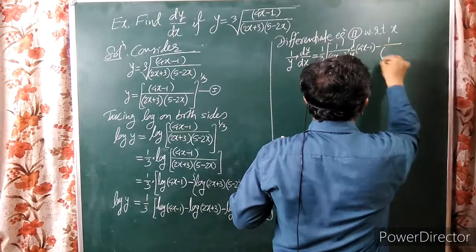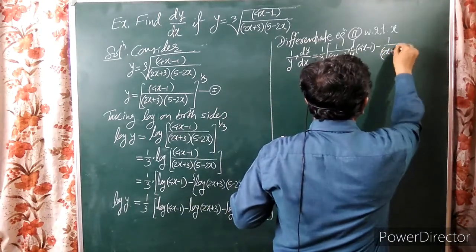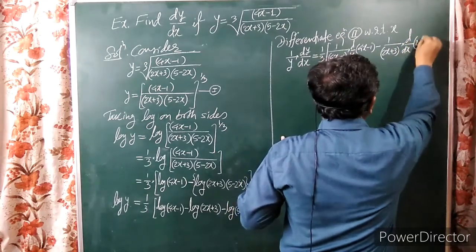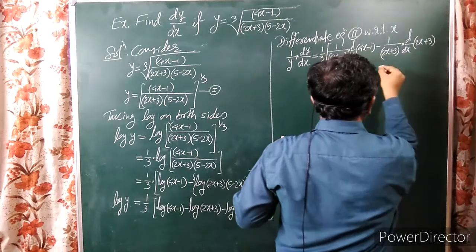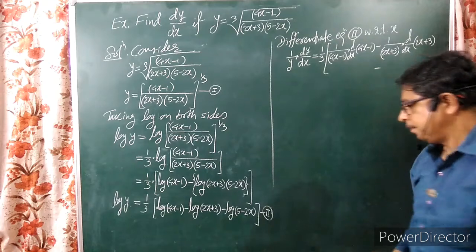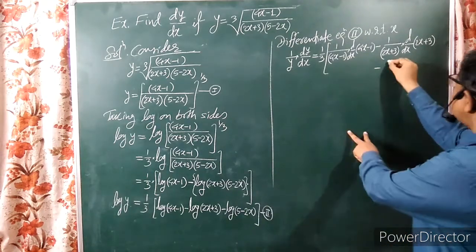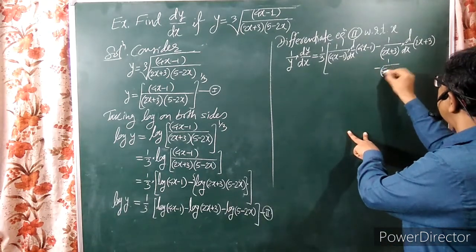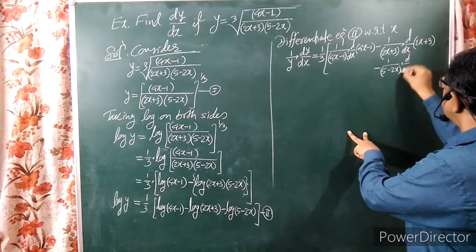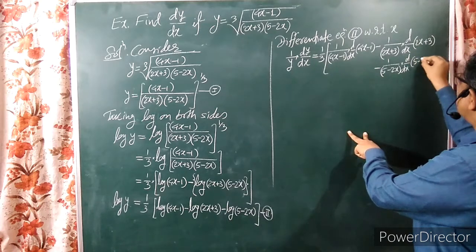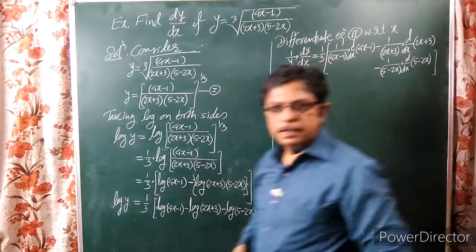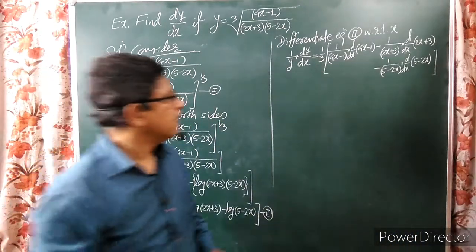It is 1 upon 2x plus 3 into d by dx of 2x plus 3, and minus log of 5 minus 2x here. So this is 1 upon 5 minus 2x into derivative of 5 minus 2x. Okay. Chain rule आपण वापरले.